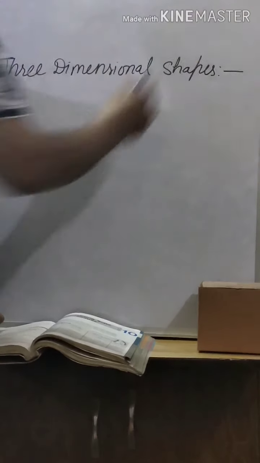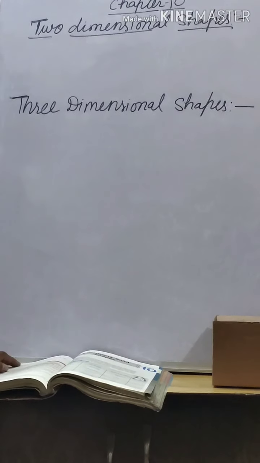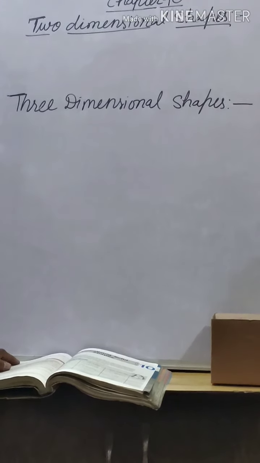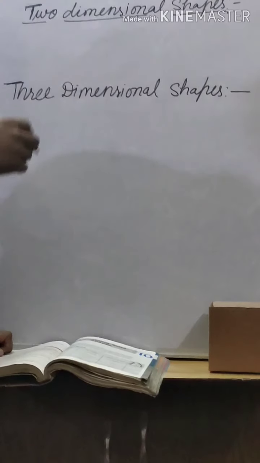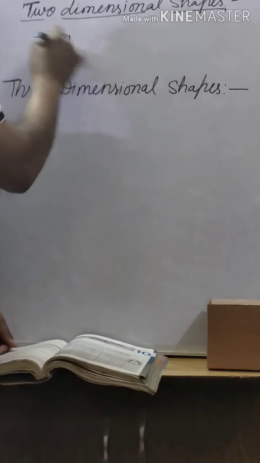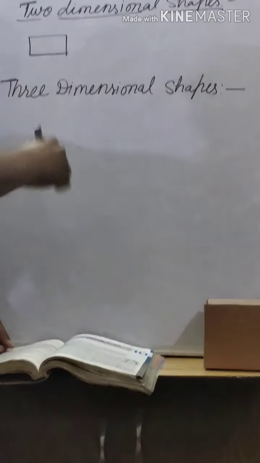Two-dimensional shapes. What are two-dimensional shapes? From lower classes also you know the figures which are having only length and breadth. Take a rectangle, for example.